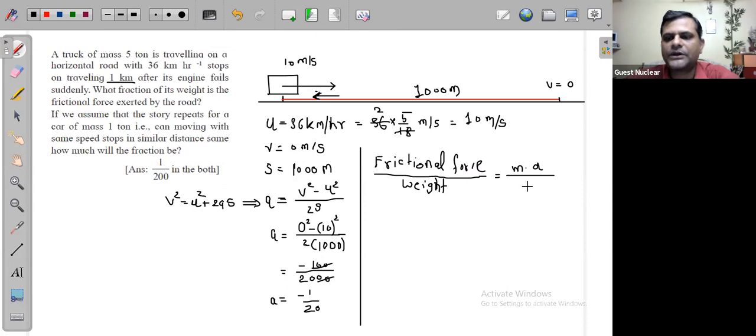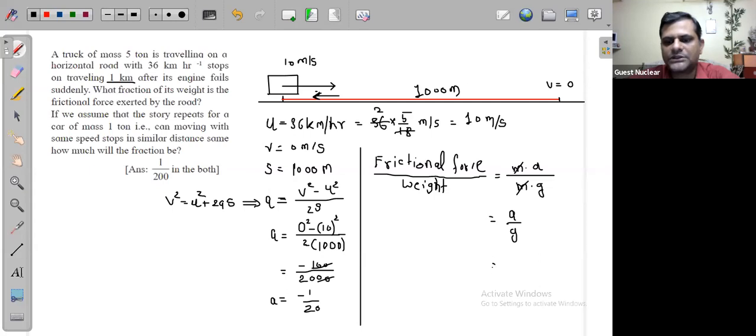And the weight of the body can be written as mass into gravity. You already know that. If we divide these two, the mass of the body will get cancelled, and the ratio of frictional force to weight will simply be a by g.